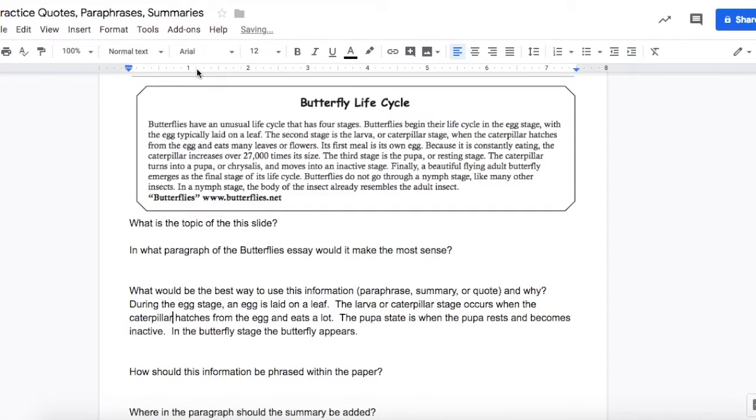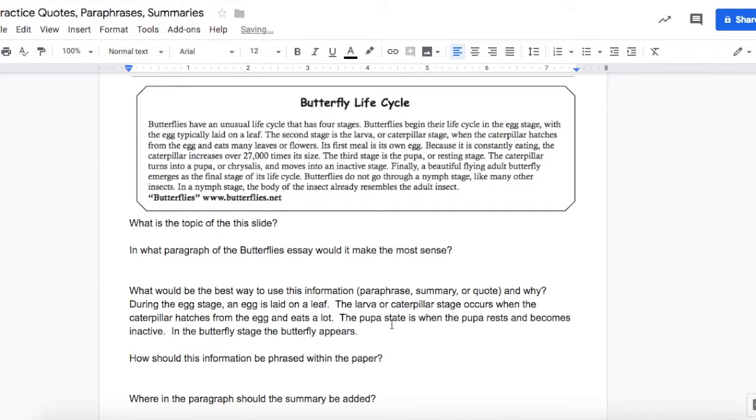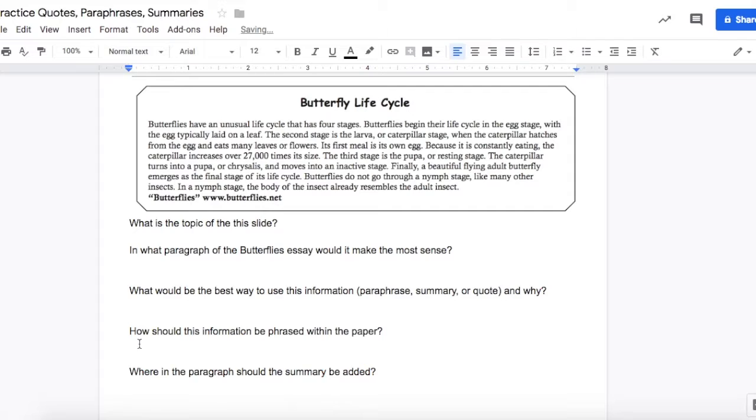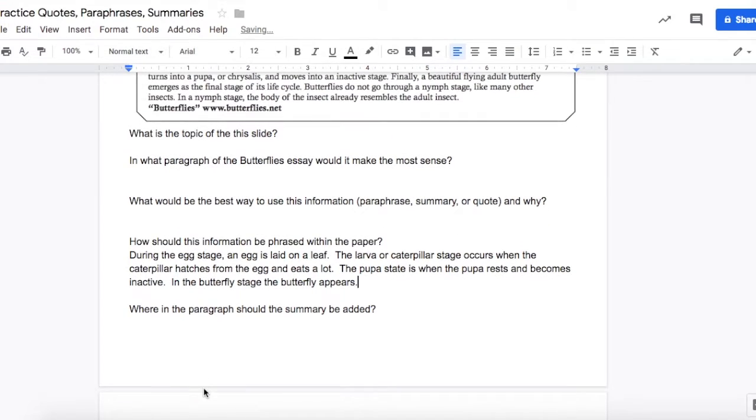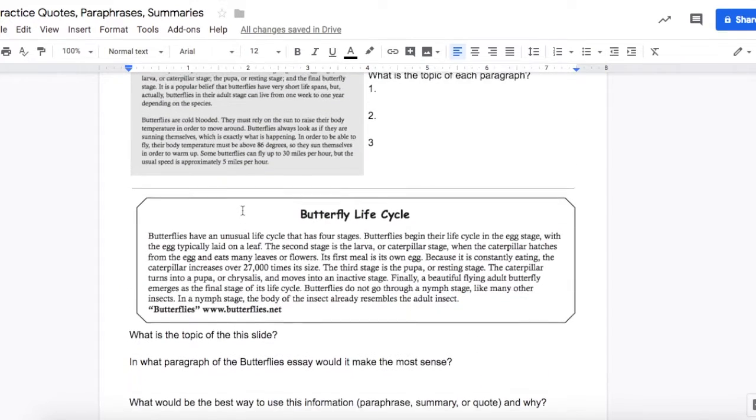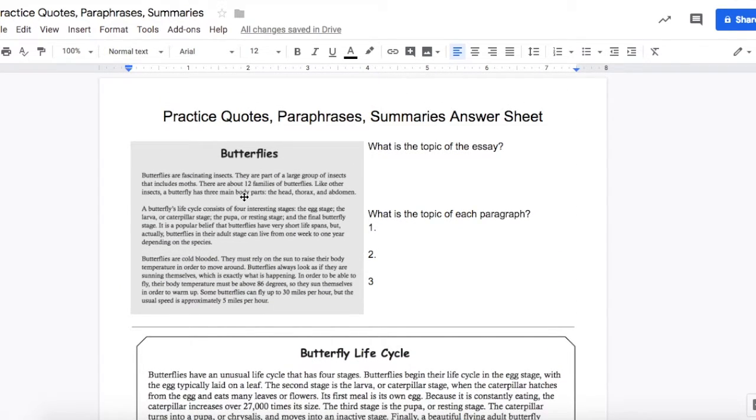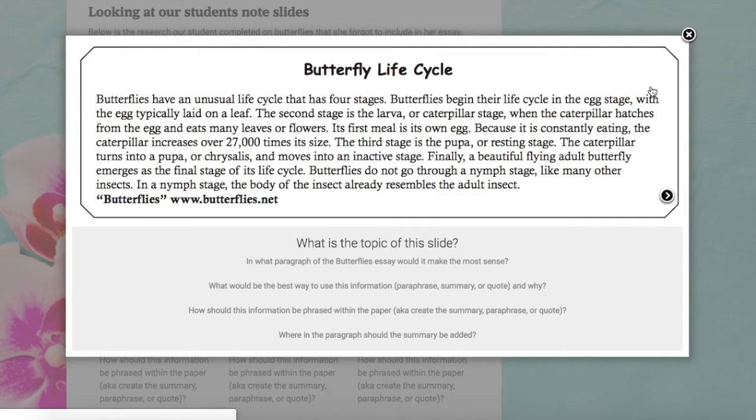Okay, now we have to determine where this information should be in the passage. I put my answer in the wrong place. Where should this information go in the passage? How do we add it in? When I look back up at my essay, here's a little smaller version of it. We'll go back to look at the big one.